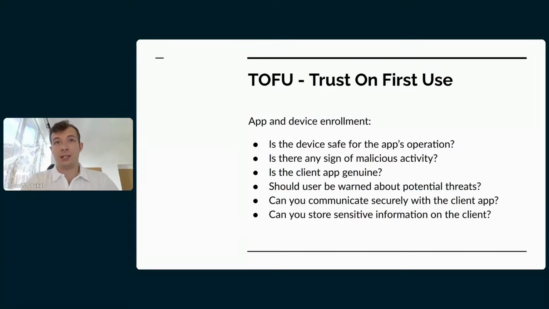So maybe there are signs of malicious activities. Maybe your application client was somehow tampered and now serves as Trojan horse for someone else. And maybe you need to warn user that something bad happened or something doesn't match up.